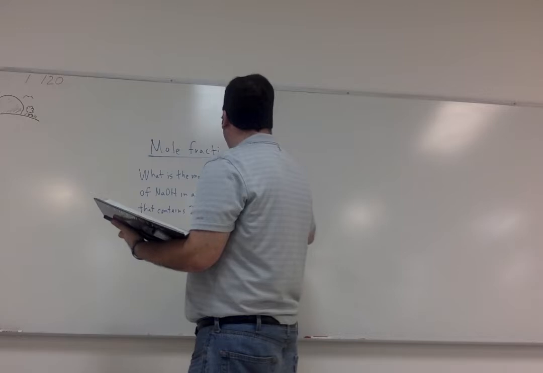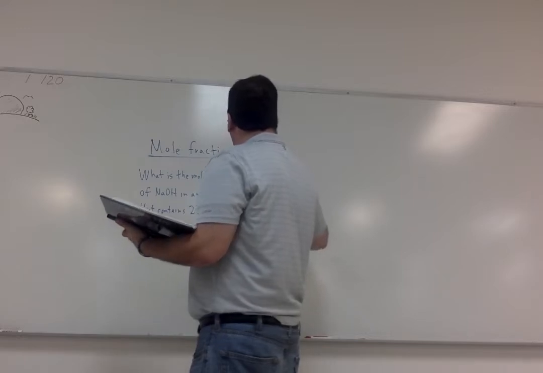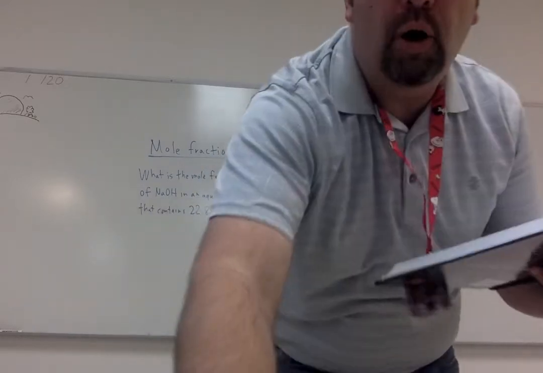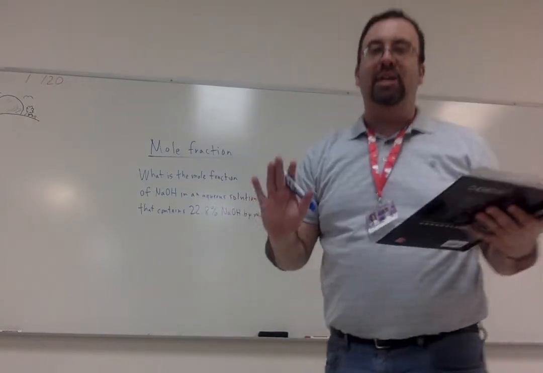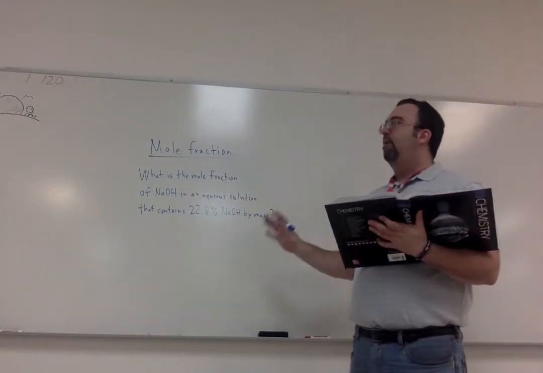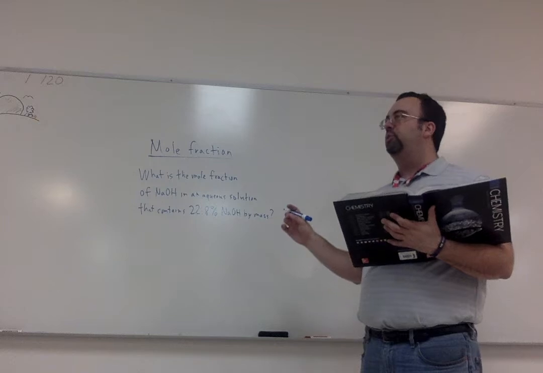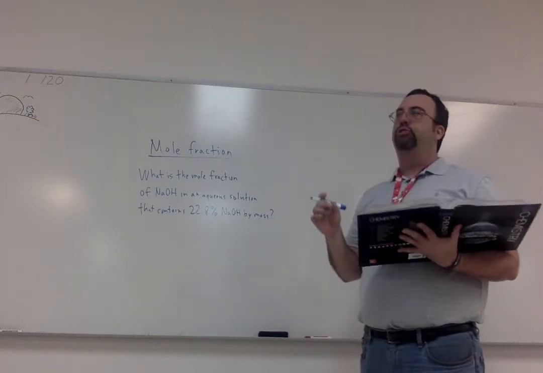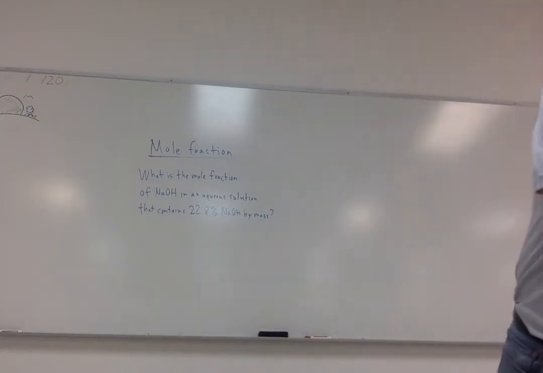NaOH by mass. All right, and so what we need to do first of all is remember that we're looking for the moles of the solute divided by the moles of the solution. So I'm going to put that up here.